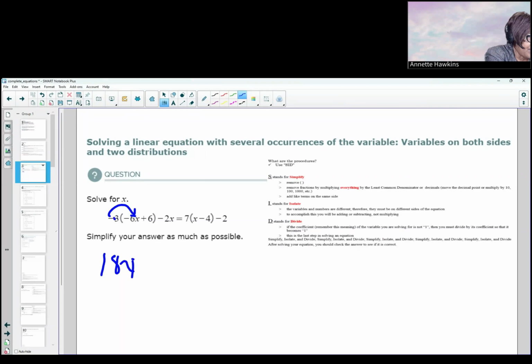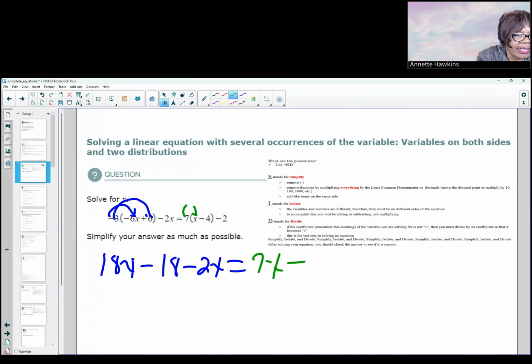And then -3 times 6 is -18. Minus 2x equals 7 times x is 7x minus 7 times 4, which is 28, minus 2. So that's the first part of simplify. We have removed the parentheses.